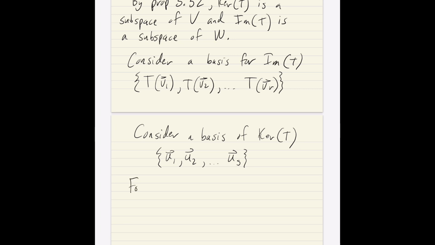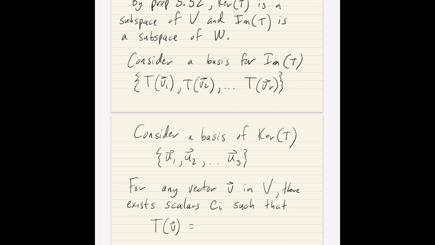So for any vector v, which is in our input space, capital V, there exist scalars C sub i such that the transformation T of v is equal to the sum from i equals 1 to R of Ci T of vi.